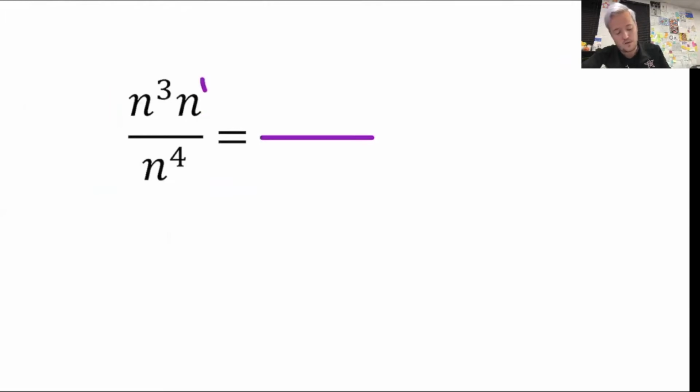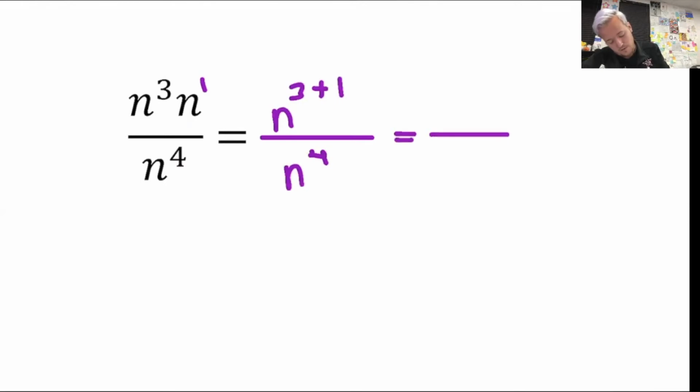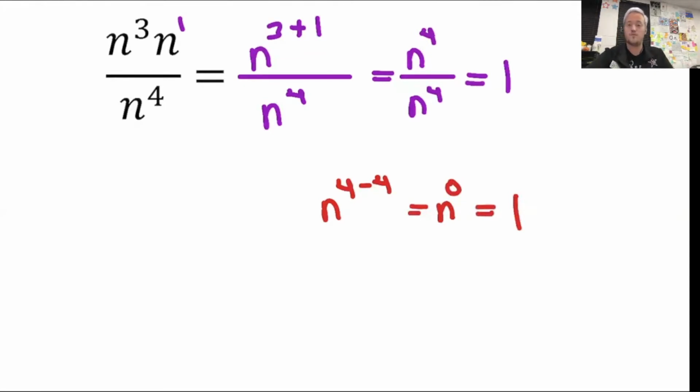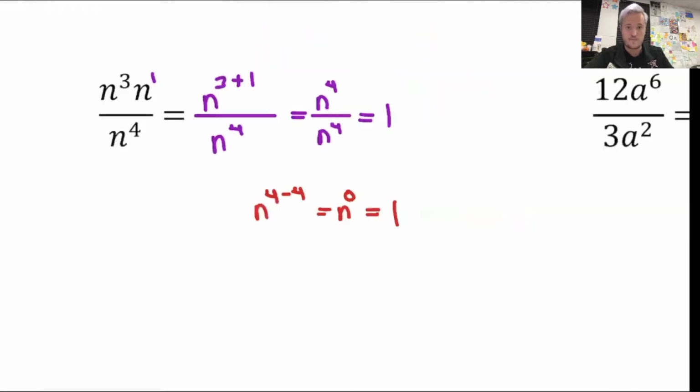Because the n's are the same base, I'm going to do n to the 3 plus 1 all over n to the fourth, which ends up being n to the fourth over n to the fourth, which simplifies to 1. Or you could even do the quotient property explanation, which would be n to the 0, which is equal to 1. Whichever method you choose to solve it is okay.